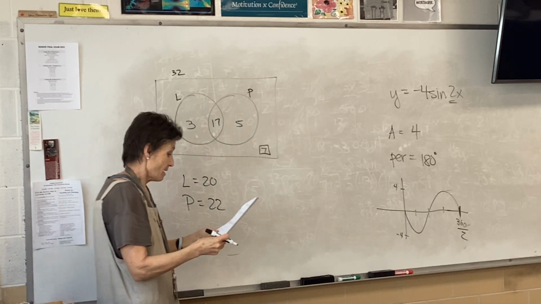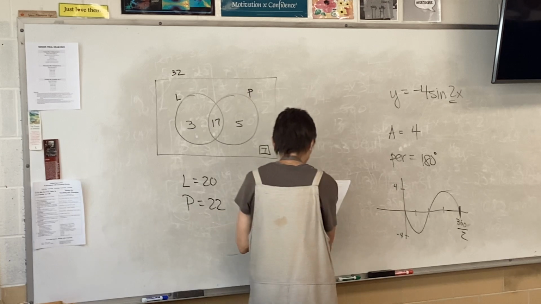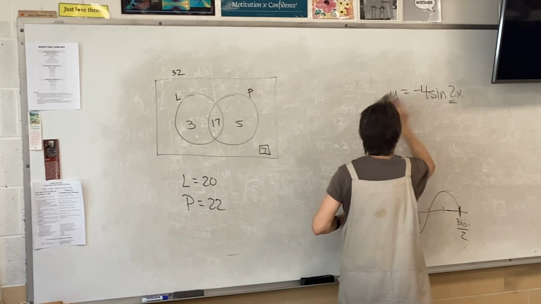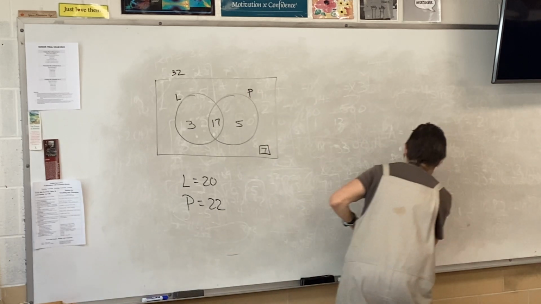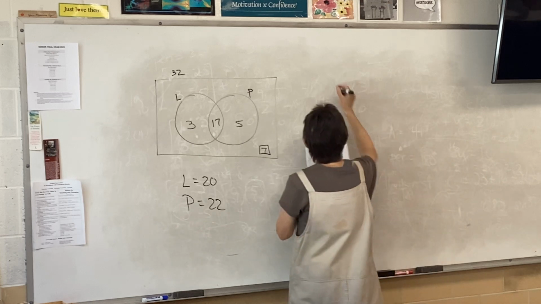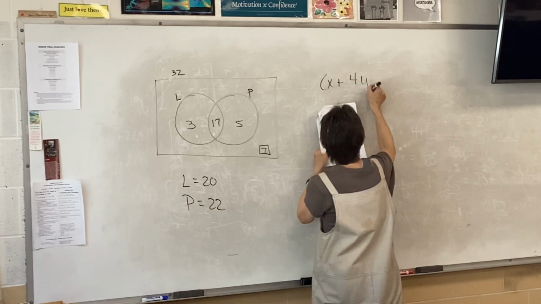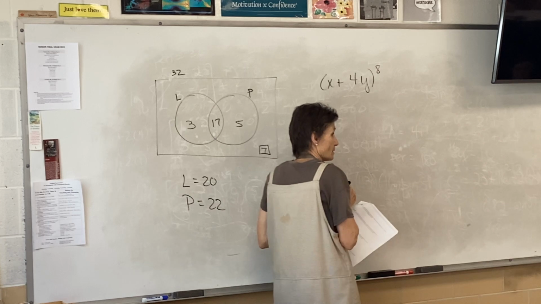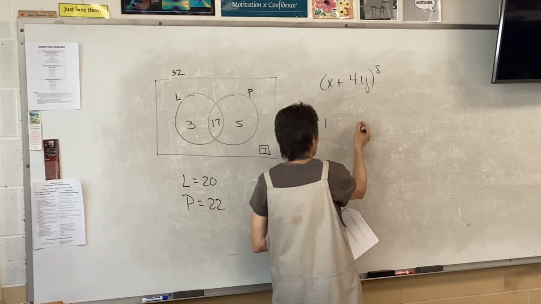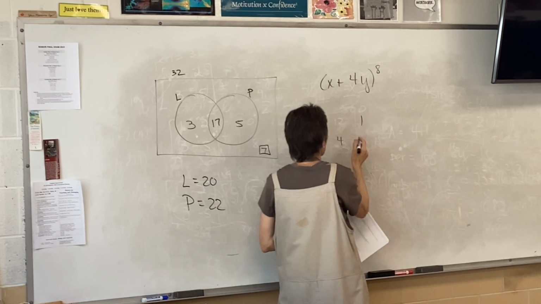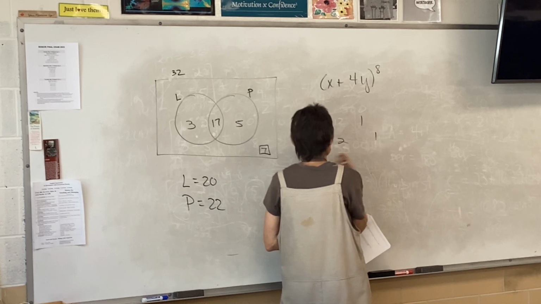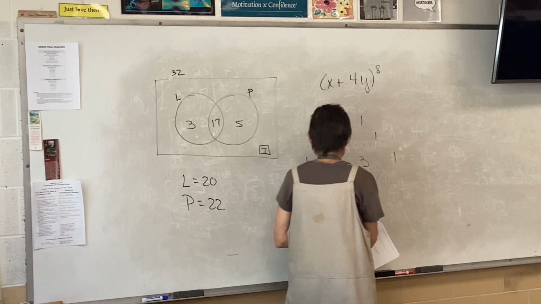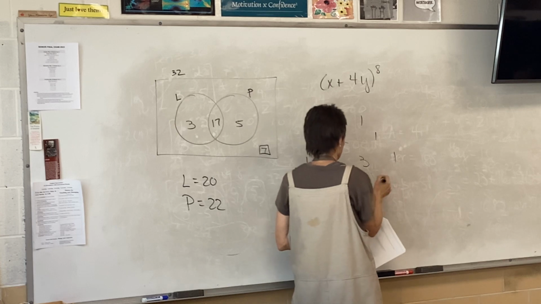Number 18, find the 4th term of this expansion. Pascal's triangle, which is not on your sheet. So make sure you can write it out. I would practice it.